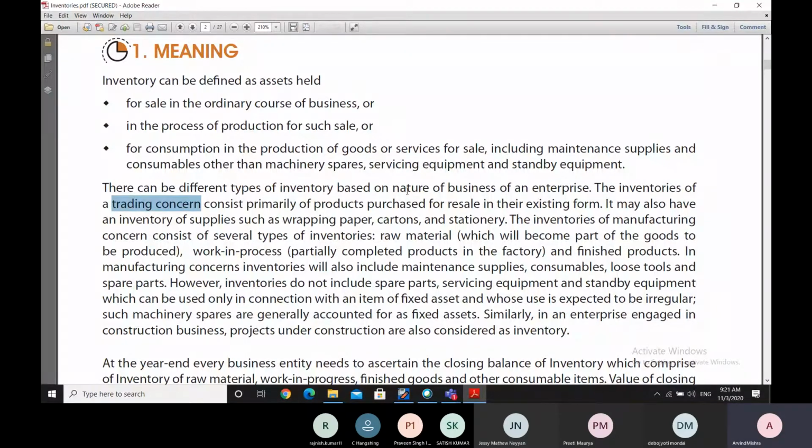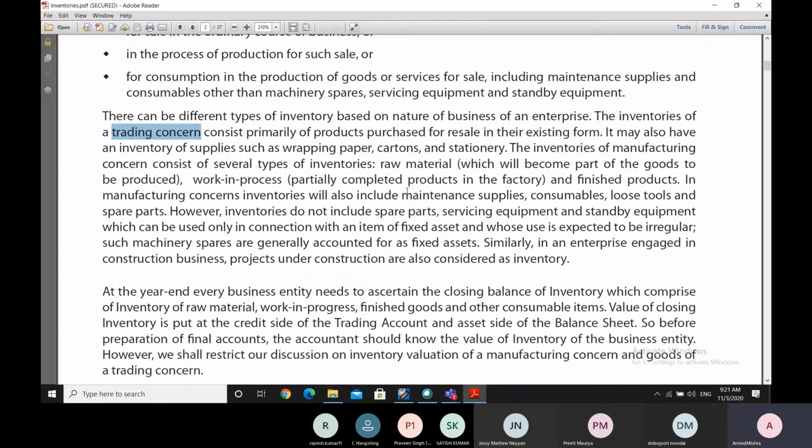Now, having understood the broad categorization, we'll go to the three types of concerns where inventory is. First of all, we have the trading concern. In the case of the trading concern, primarily the products which are purchased for resale are there in existing form, and they form the inventory of a trading concern.